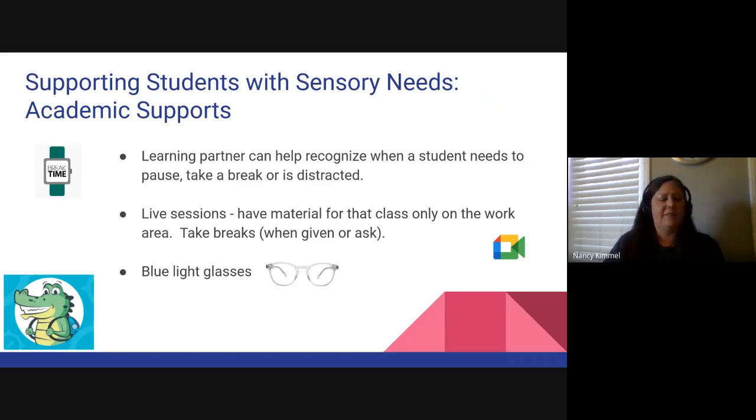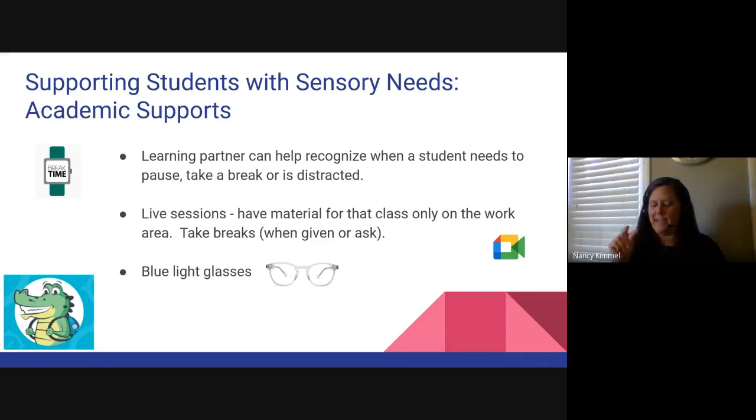Whether you're in a live session or you are just doing your work throughout the day, you can pause and take a break. Anytime you see your student is starting to feel a little bit anxious, is not quite able to stay on task, or even just needs to move around, taking a break is wonderful. Just let the teachers know, and we're happy to help with that.